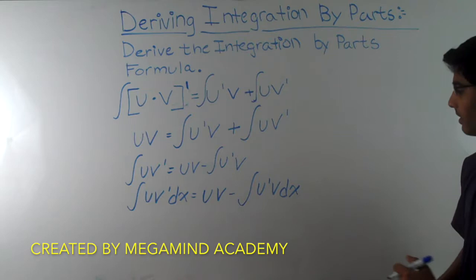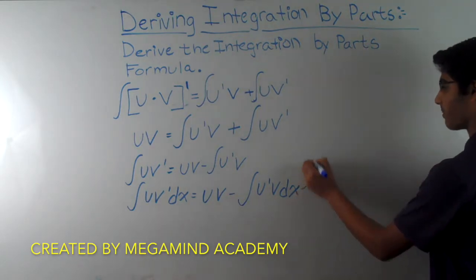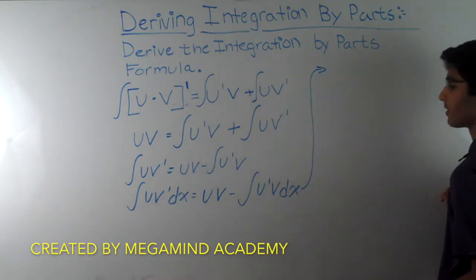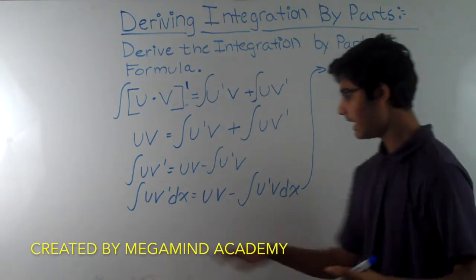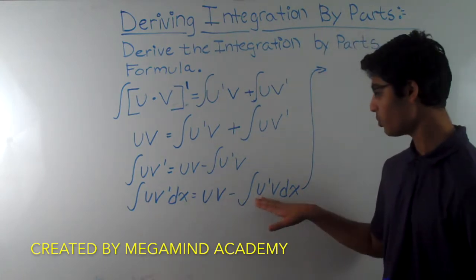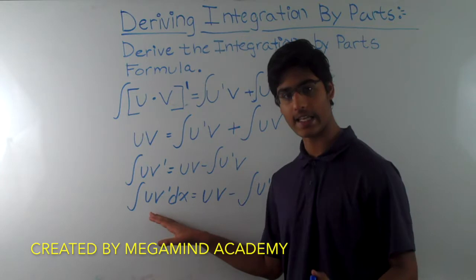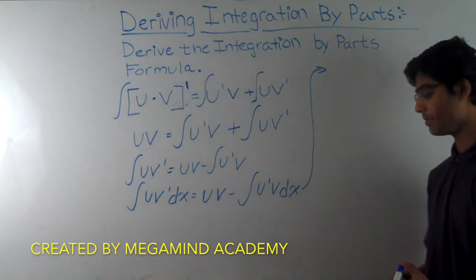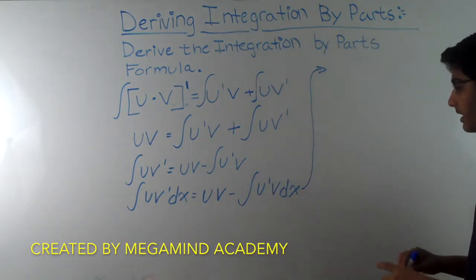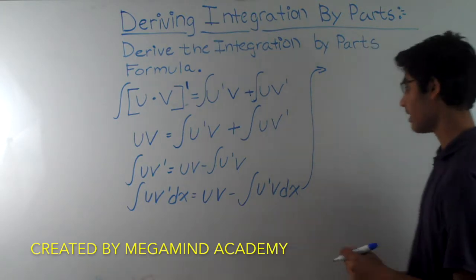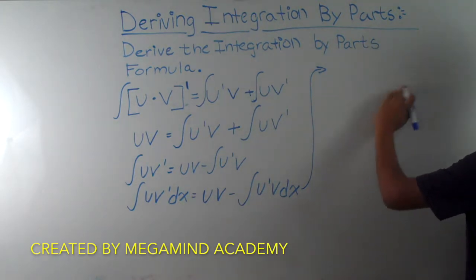Now why did I say that we have to put dx here? Well, let's take a moment and rewrite this a different way. Instead of saying v prime or u prime, let's write this as dv/dx and du/dx, because that's another way to write a derivative.